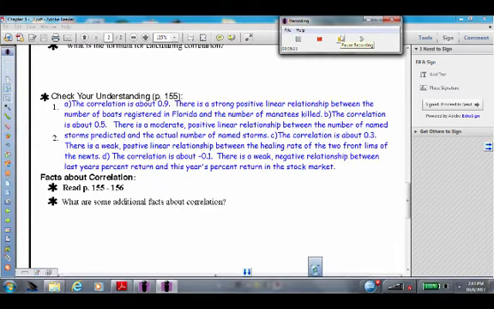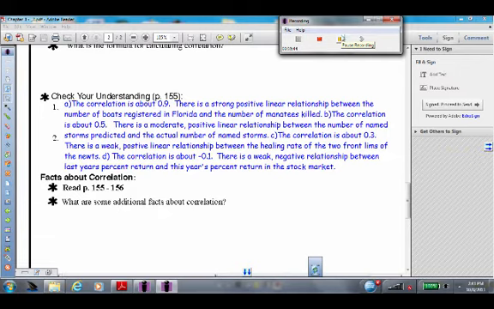Okay, so for A, the correlation is about 0.9. There's a strong positive linear relationship between the number of boats registered in Florida and the number of manatees killed. B, the correlation is about 0.5. There's a moderate positive linear relationship between the number of named storms predicted and the number of named storms.